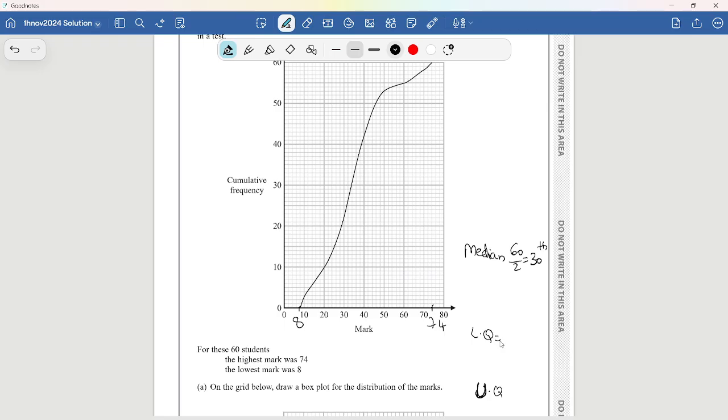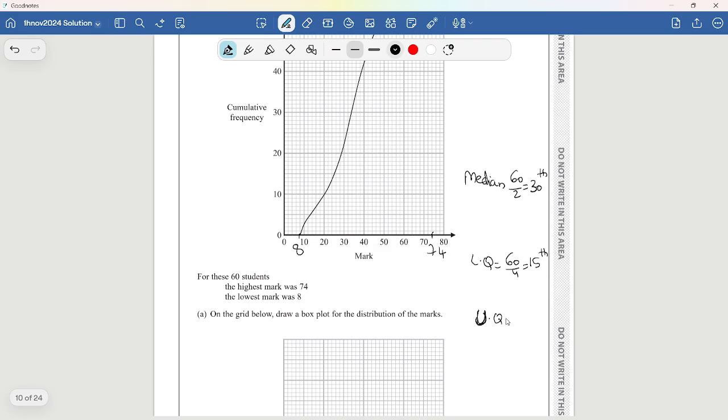Lower quartile represents a quarter of the data. A quarter of 60 is half of 30. The median is half of the total frequency, so half of the median is the lower quartile. That is 15th. So the lower quartile is at the 15th position.